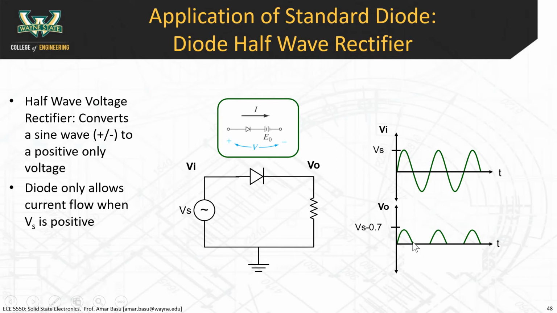But once Vs is less than 0.7 volts, at that point the diode stops conducting current. And when it stops conducting current, that means there's no current going through this resistor. If there's no current going through this resistor, what happens to the voltage?